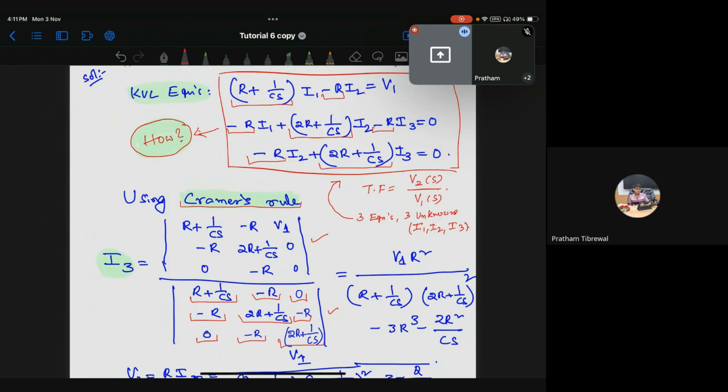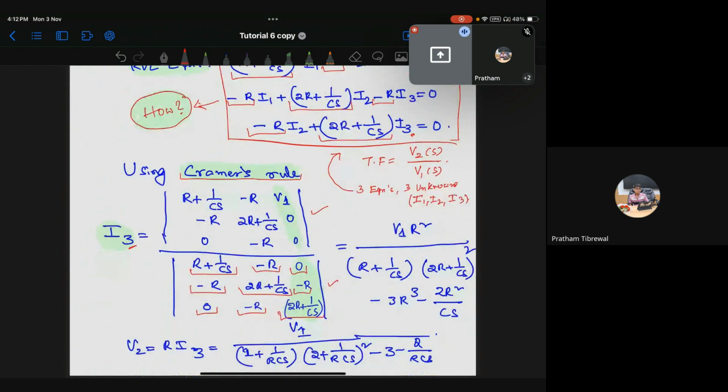In Cramer's rule, to find I3, the third variable, we simply replace these elements with these elements in the numerator. The remaining two columns are the same. You can check that in any Cramer's rule example also. Then you are finding I3.